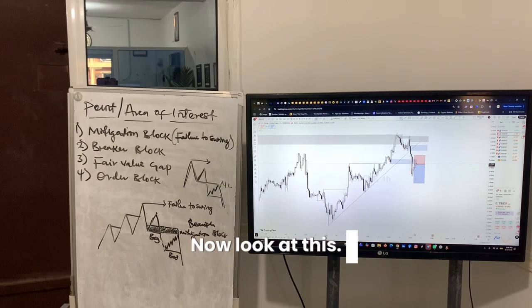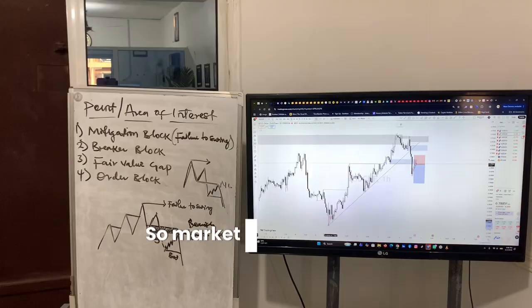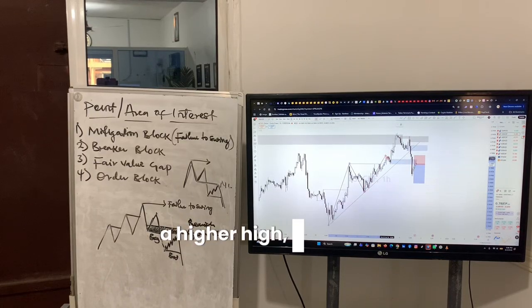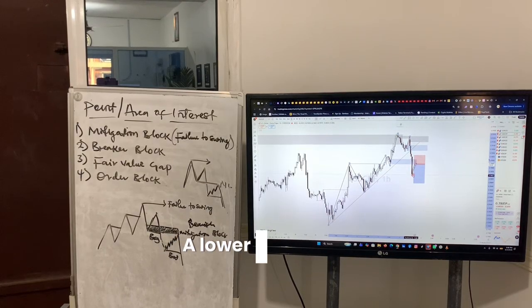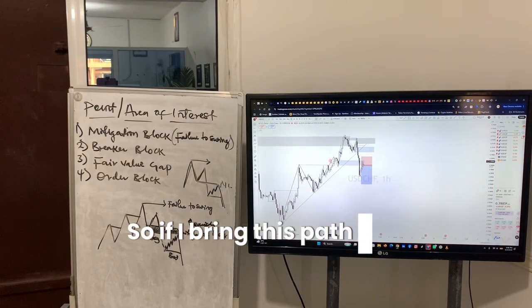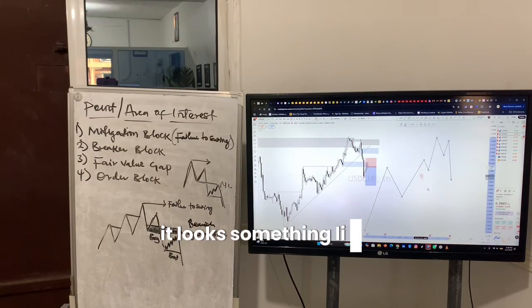Now look at this. I'll start from this low. So the market was giving us a low, a high, a higher low, a higher high, a higher low, a higher high, a higher low, a lower high, and what? A lower low, right? So if I bring this part out, it looks something like this.